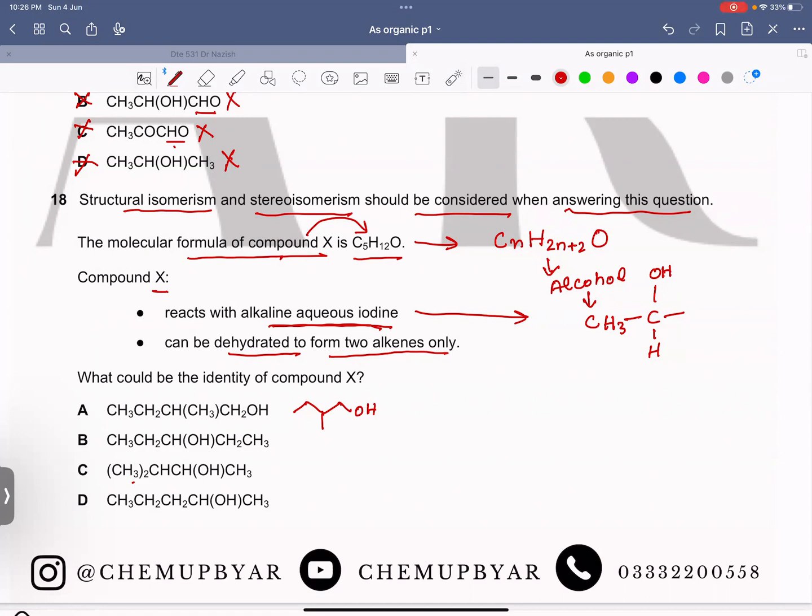Then 1, 2, 3, 4, 5, and the third carbon has an OH.